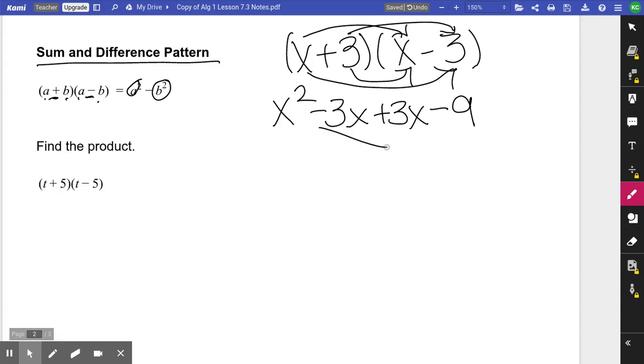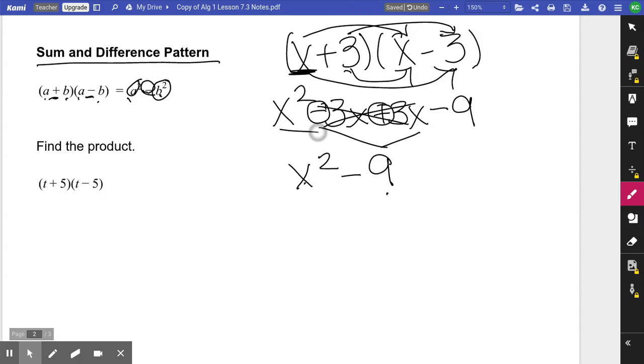Okay, so I'm going to combine my like terms. So that's going to give me x squared, a negative 3 plus 3 is 0, so that's going to go away. So I'm going to have x squared minus 9, which is the same thing as saying a squared minus b squared, so 3 squared.